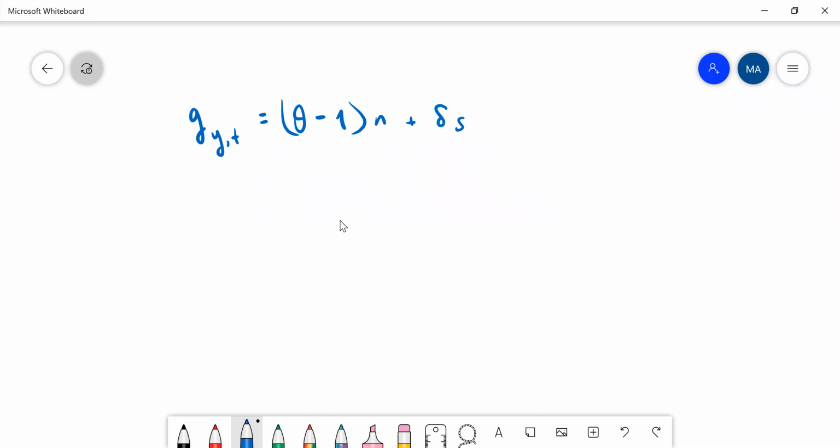So if I show you, now we have this: g_Y,t equals (theta minus 1) times n plus the share, something like delta S over 1/eta, right?